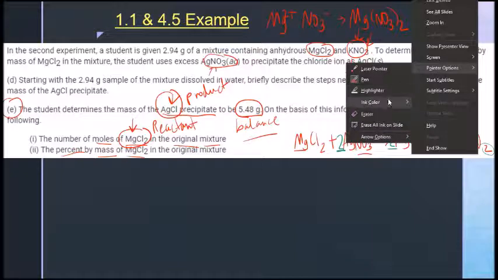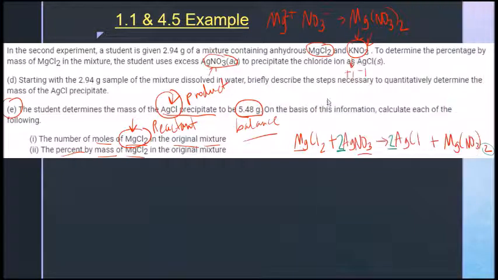So now we have our balanced equation. Now we can start looking at our stoichiometry. So if I have grams of silver chloride to begin with, I need to change my grams of silver chloride to moles.